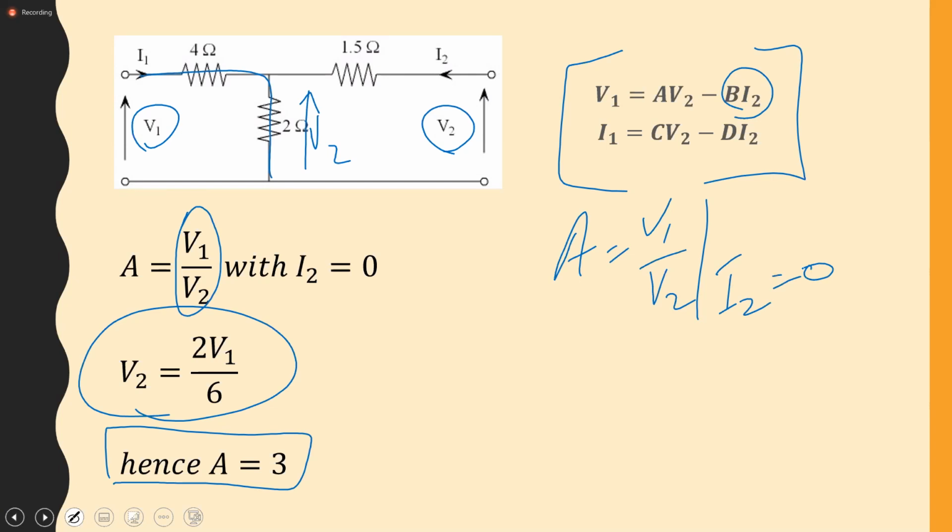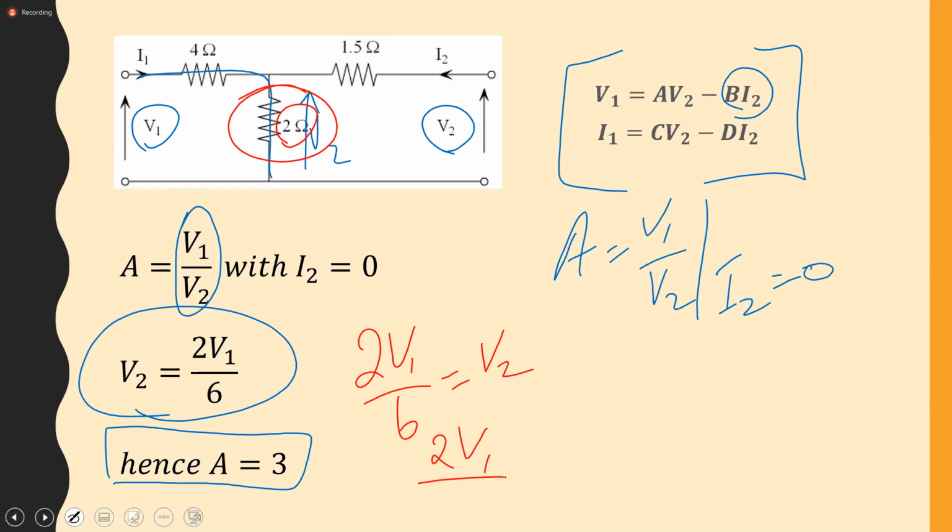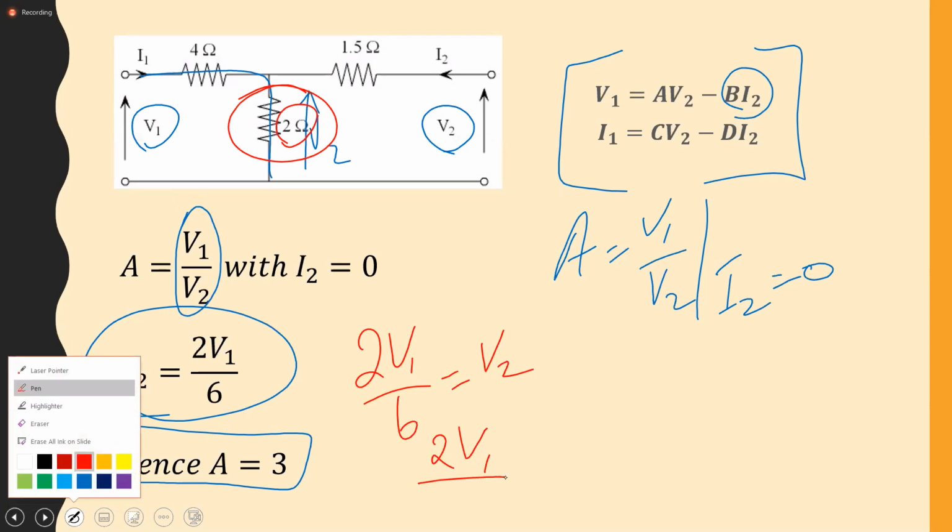What we mean by I2 equals 0 is that port 2 is open. So if port 2 is open, V2 would be the voltage seen across the 2 ohm resistor. With respect to V1, the voltage across the 2 ohm resistor is 2V1 over 6, and we know that that is equal to V2.